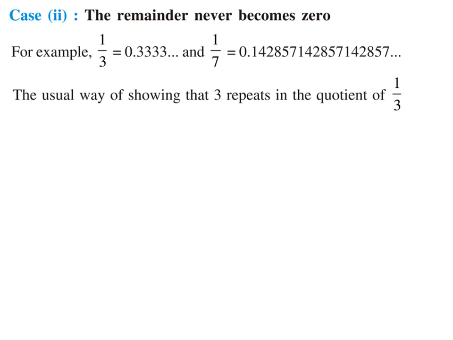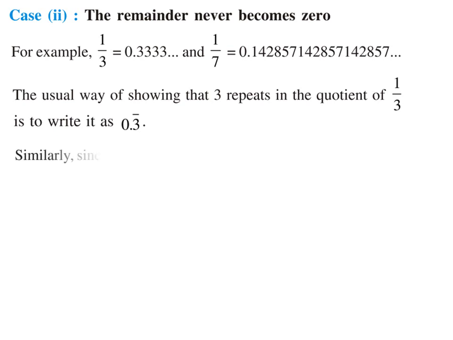So we have one pattern to show this kind of number. We write a bar on the digit which is repeating. So 0.3333 can be written as 0.3 bar.